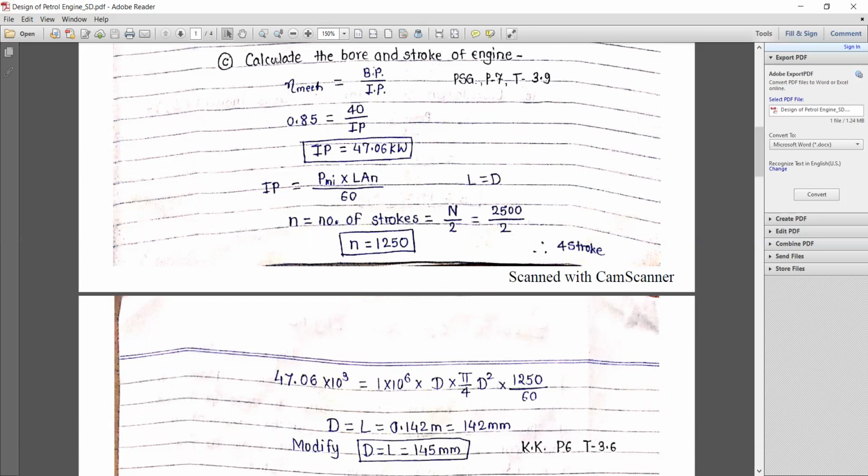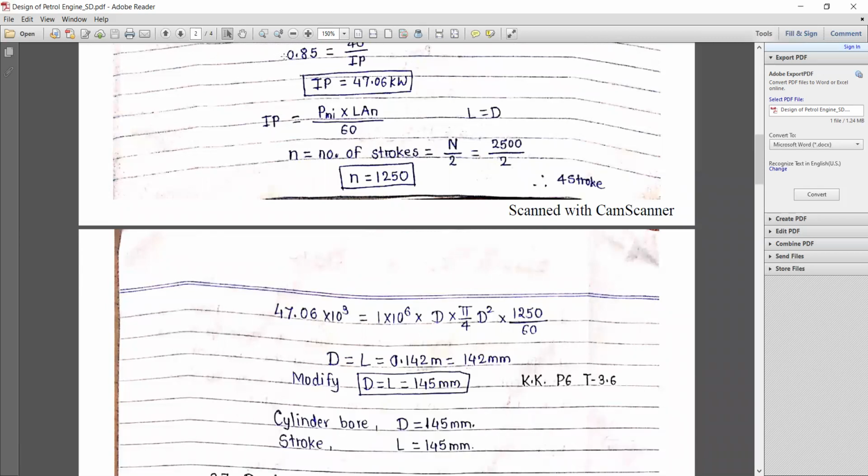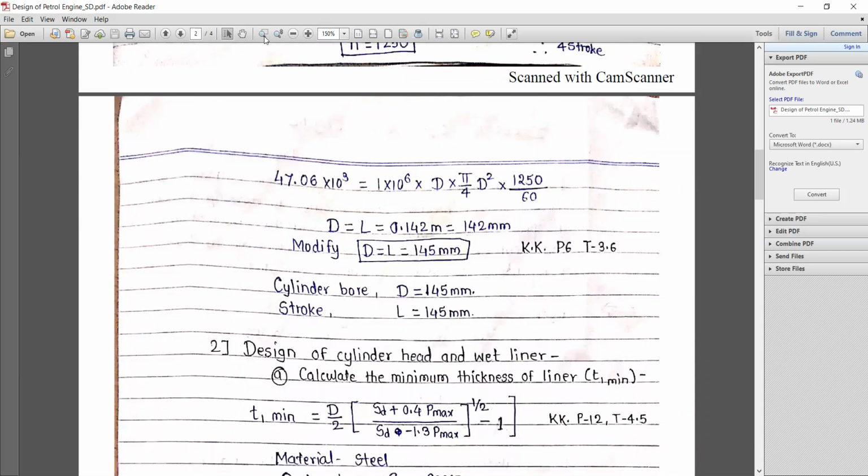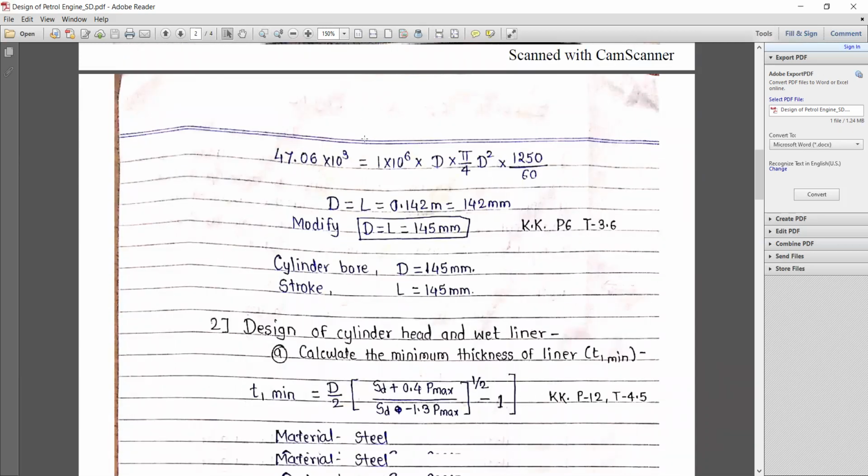As it is a 4-stroke engine, it is divisible by 2, as I previously explained, because it requires two full 360 degree revolutions of the crank. So small n is equal to 1250. Putting in all the dimensions, L is equal to D, as we know the L by D ratio is equal to 1. So we put all the values in the equation in terms of D.